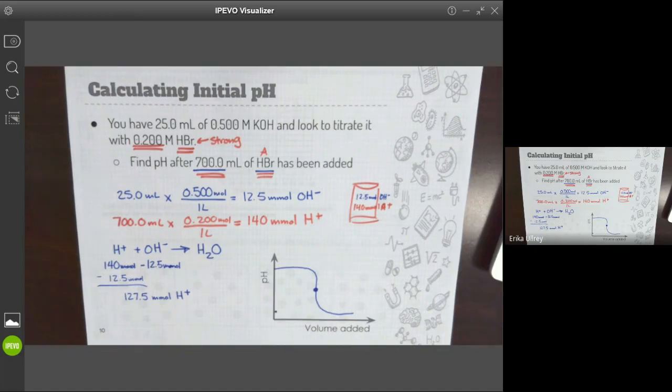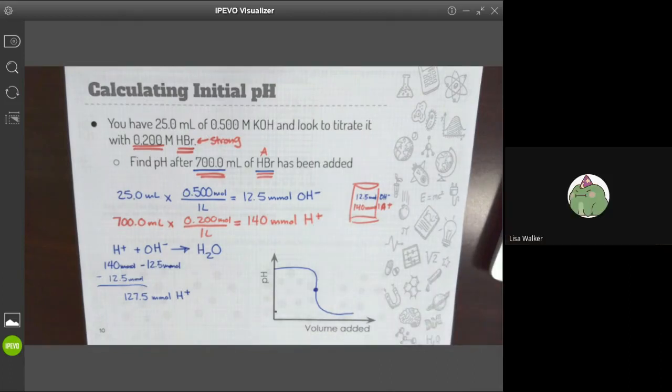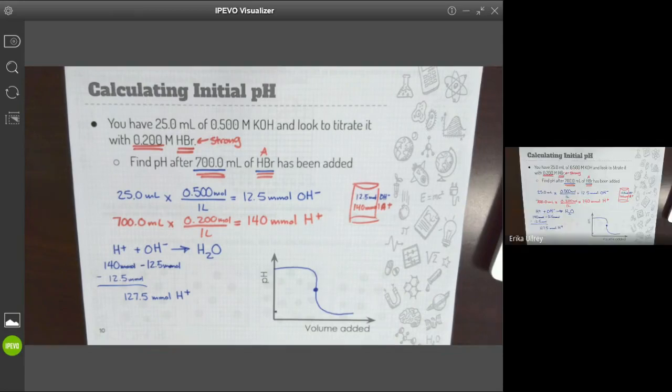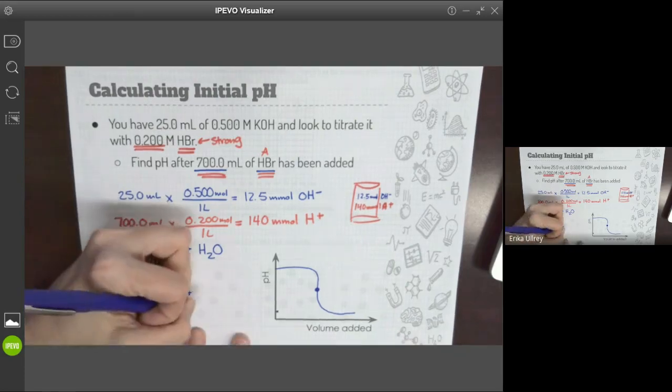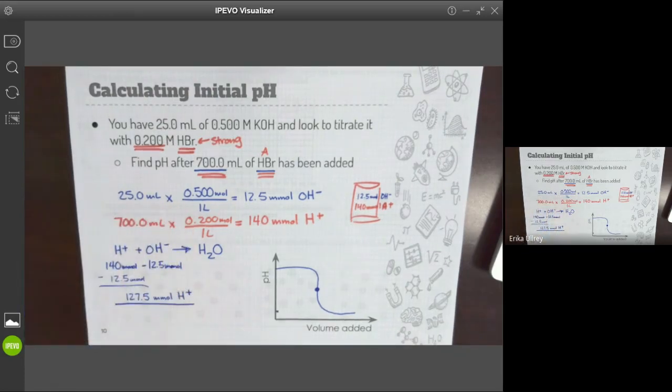All right. So how are we going to get to pH from here? Lisa, do you feel well enough to talk today? Yeah, that's fine. Okay, cool. So what would we need to do next? We're going to divide the millimoles by the amount of total milliliters. Yep. So what is our total volume going to be equal to?